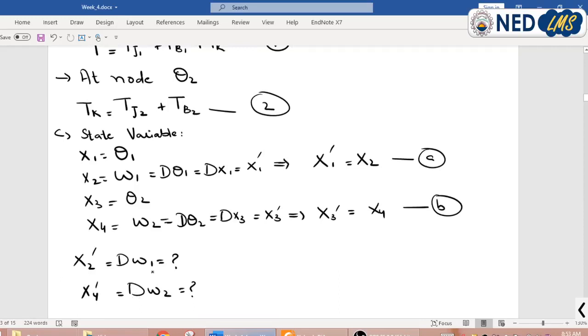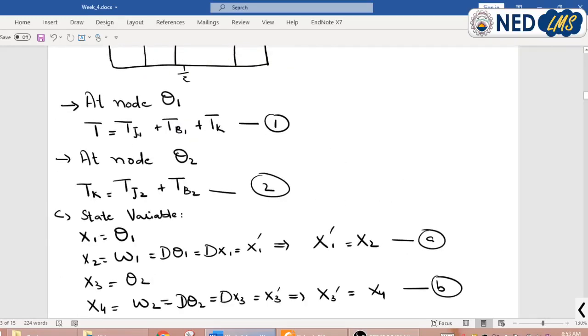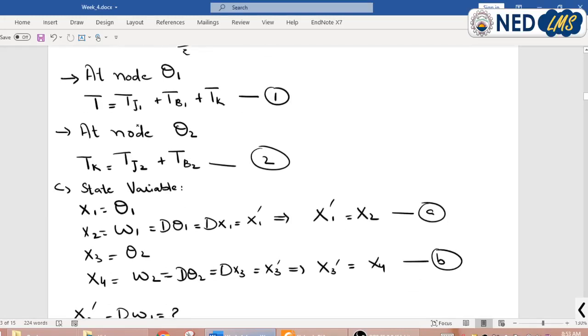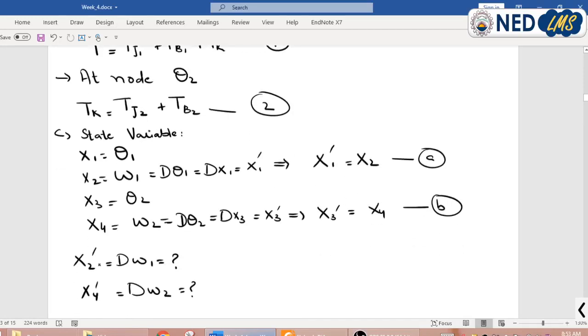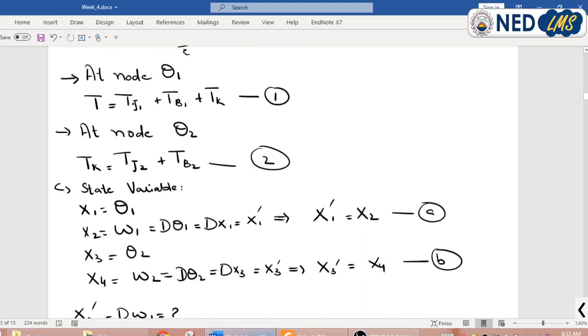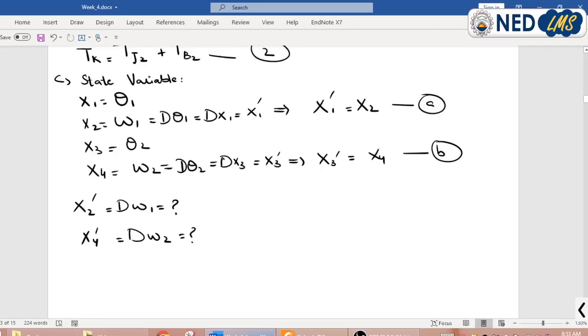We can easily see that from equation 1 we have J1, and this torque will be mathematically written as J1 alpha 1. Alpha is basically the acceleration, which can be written in terms of velocity as d omega 1. Change in velocity is basically the acceleration. So d omega 1 will be evaluated from equation number 1. Similarly, d omega 2 will be evaluated from equation number 2.